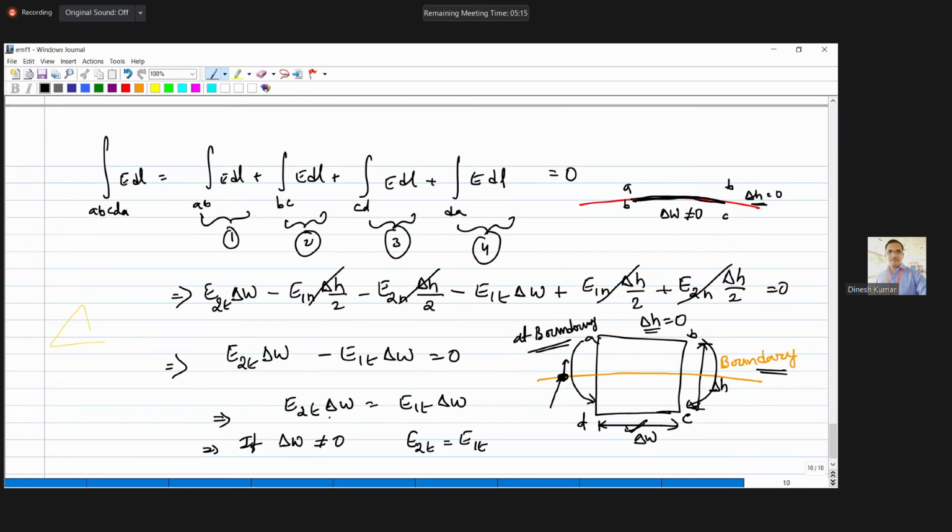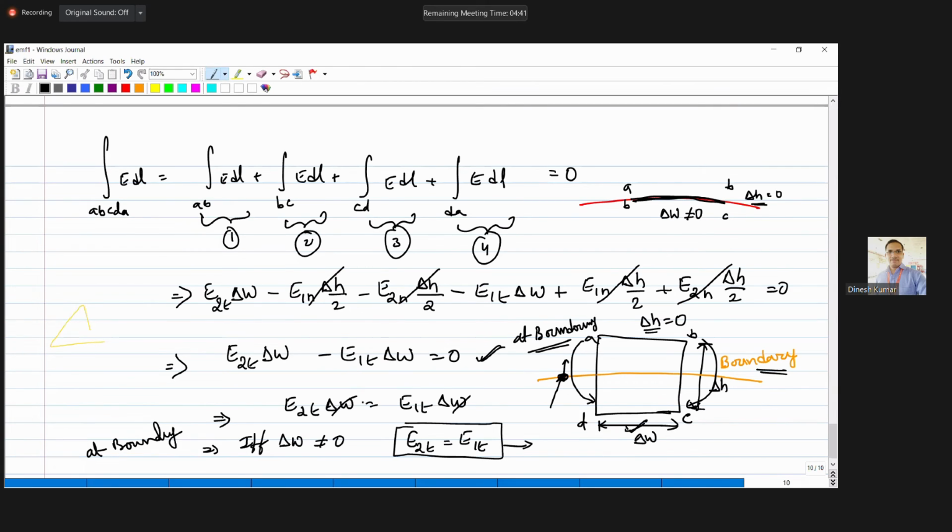So you can simply cancel these two, and E1t is equal to E2t. At the boundary, delta W cannot be 0, so E2t minus E1t should be 0 in order to satisfy this condition.